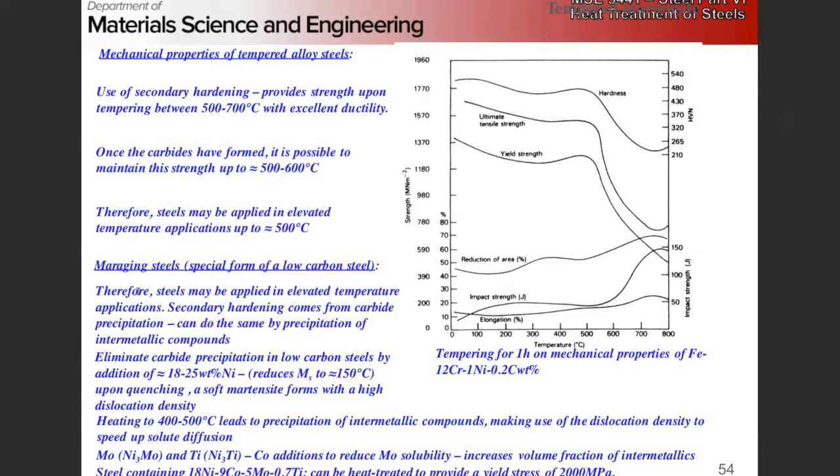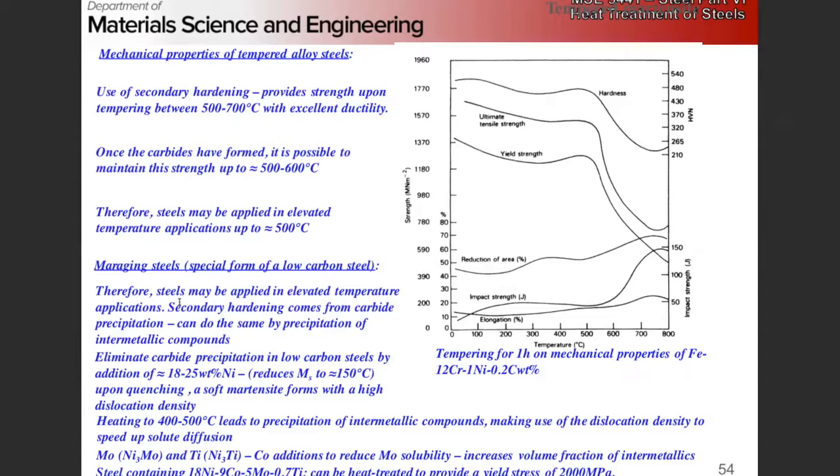So in the beginning of class, I mentioned Mar-aging steels, right? And interstitial free steels, right? Mar-aging steels have very low carbon in them, right?